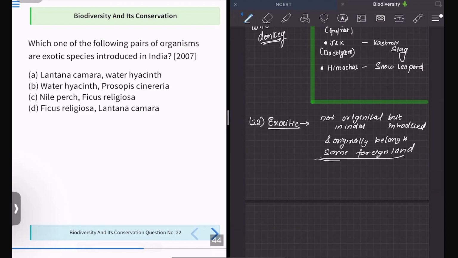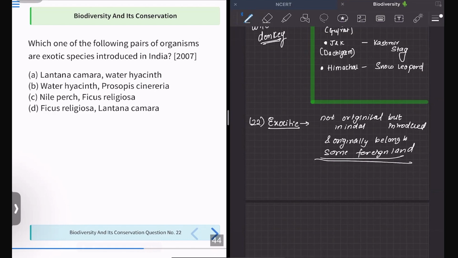We have a very famous example of plant species that are actually American in origin. Their native is America, and they were brought to India in history for various purposes like ornamental purposes. But when they were brought to India, instead of being ornamental and decorative, they were found to cause trouble.